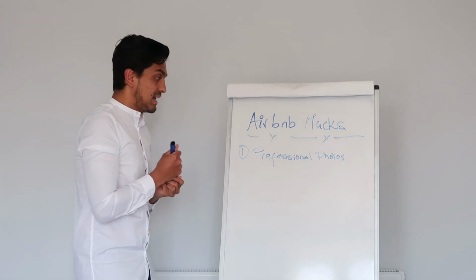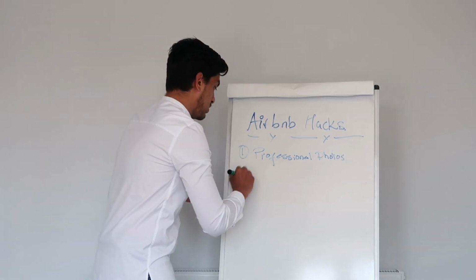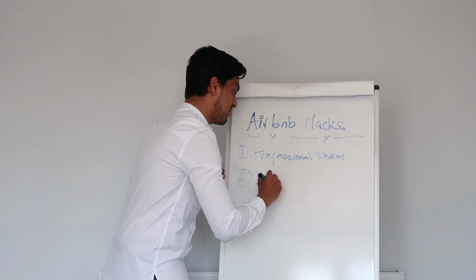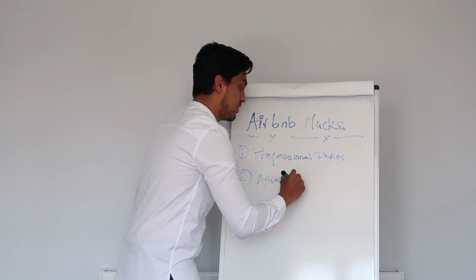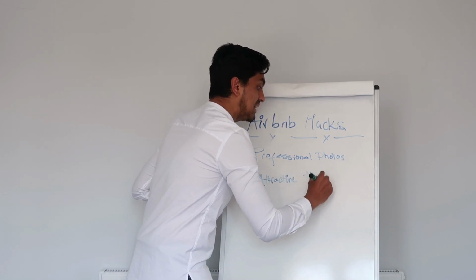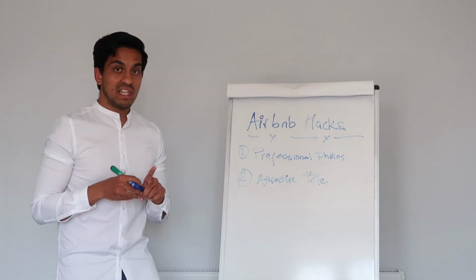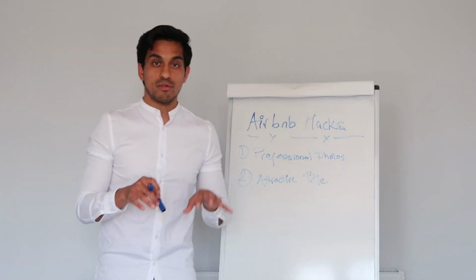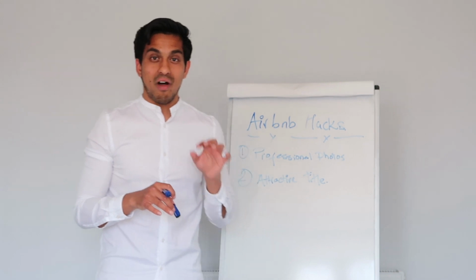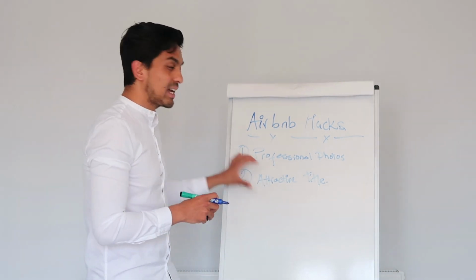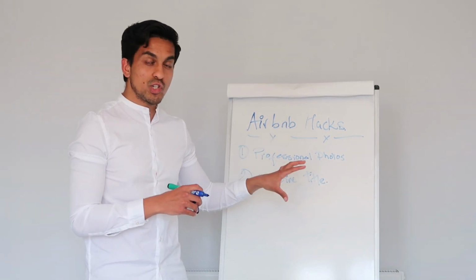Now, this little hack, which is my favorite, which is the second part of the feature hacks of Airbnb, is actually going to be your attractive title. I will leave this as it is, because in the online free training I provided for Airbnb Hack, I have given detailed information on what you should do.